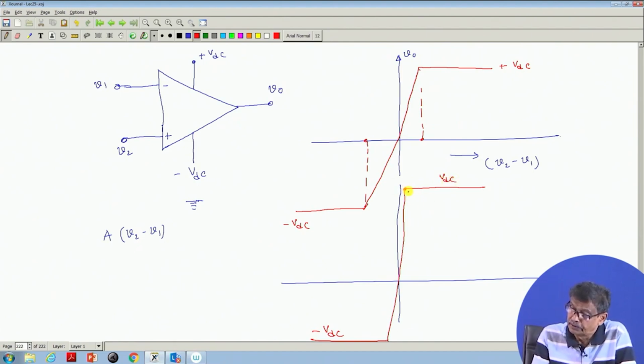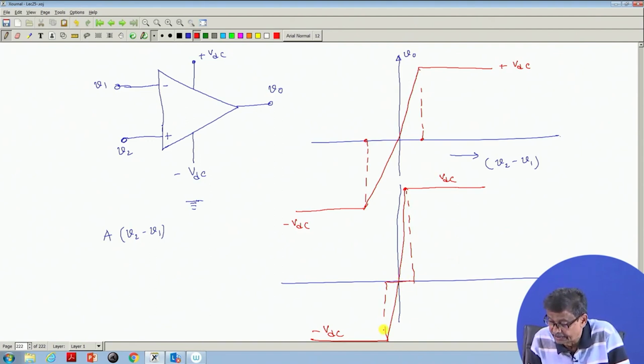We say the op amp operates in this zone. If V 2 minus V 1 is outside this range, and this range is very small because the gain is very high, this relationship only holds good between these two limits.